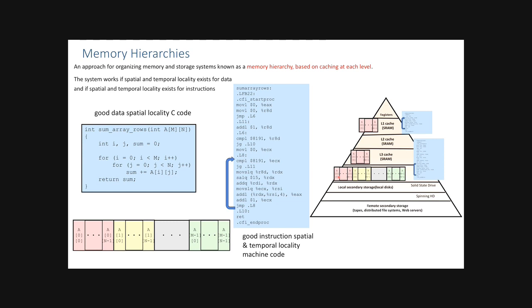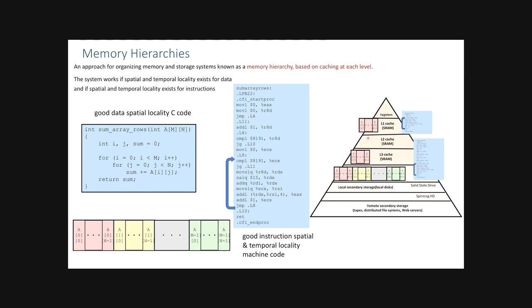But the idea is that part of the array is going to get moved into cache, and then as the program's executing, we're able to access some of the elements of the array at a much faster speed because it's been moved up into level 1 cache. So as soon as we access 0, 0, we actually move more than 0, 0 into cache. And that is the way that the caching system works.